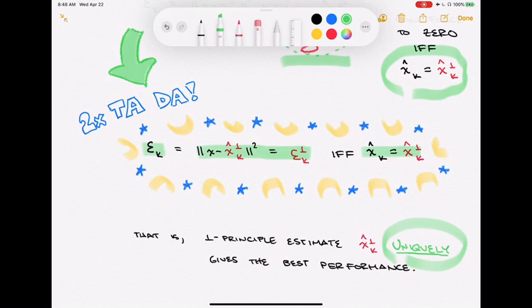And in fact, the only way you could be equal was if your arbitrary estimate was the orthogonality principle estimate. Since nothing is smaller, we know that we have optimal performance from this orthogonality principle driven estimate, and we know it's unique from this second double ta-da kind of result.